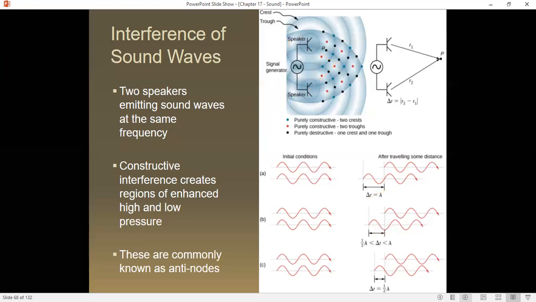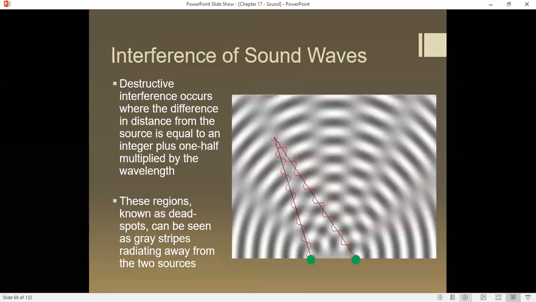So generally, when we have two sources producing the same wave, we get these patterns of constructive and destructive interference. And these lead to dead spots. We've got to be very careful of these dead spots whenever we design some type of sound system. What we see here is maximum and minimum pressure.